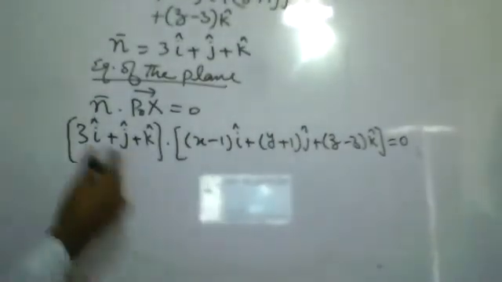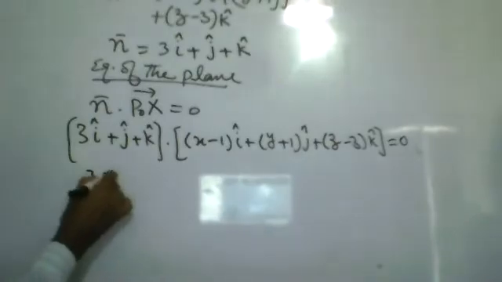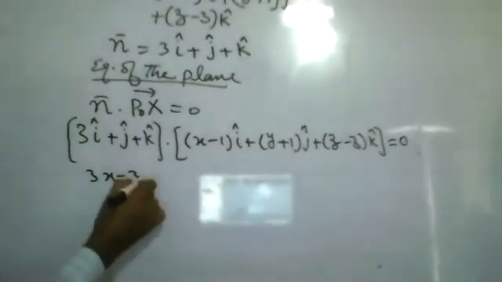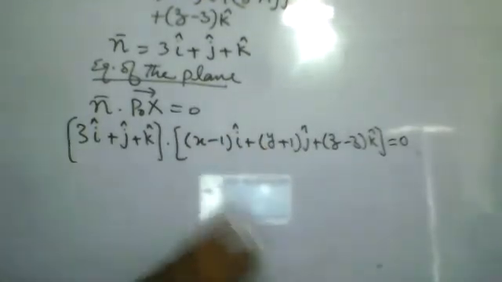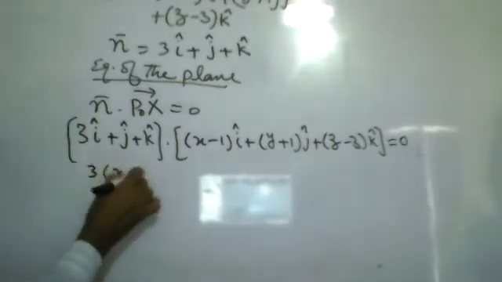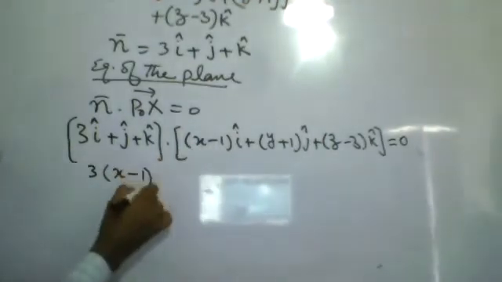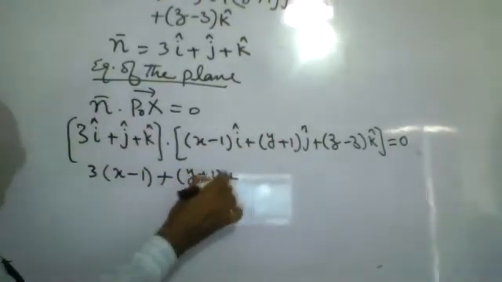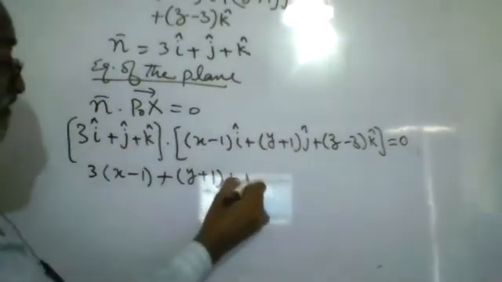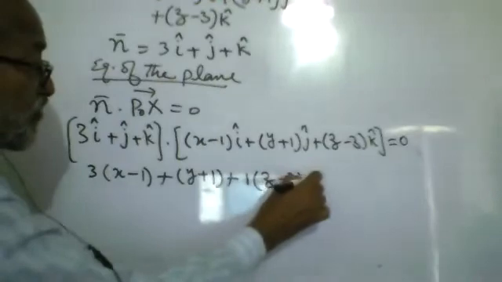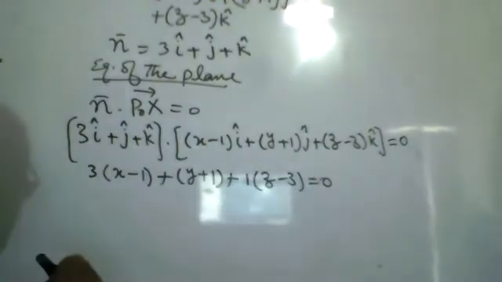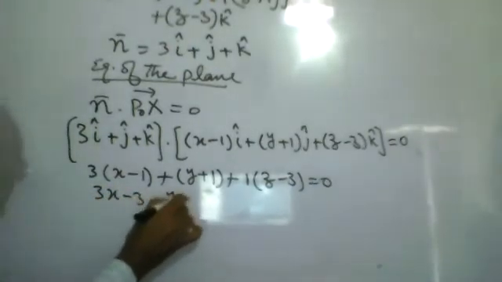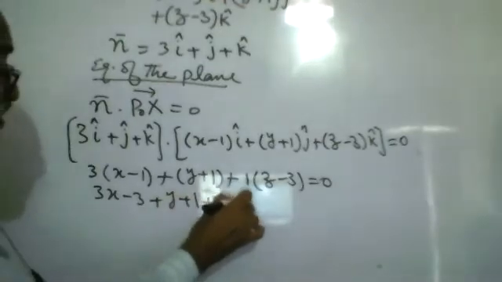Take the dot product: 3 into x minus 1, plus 1 into y plus 1, plus 1 into z minus 3, equal to 0. 3x minus 3 plus y plus 1 plus z minus 3 equal to 0.